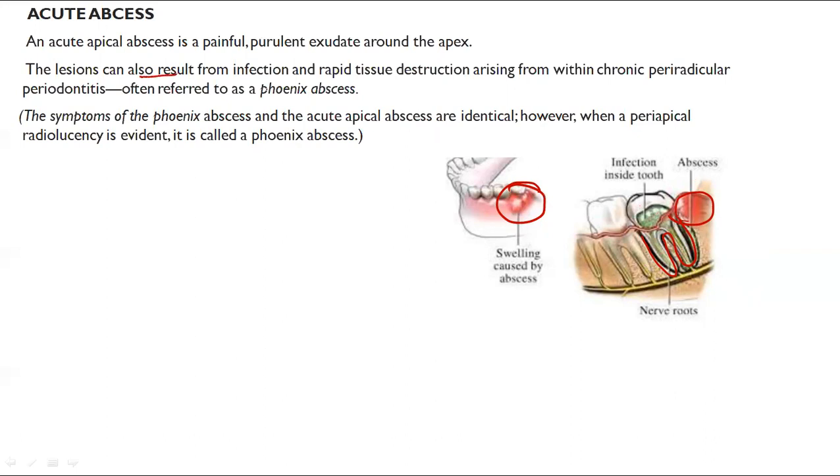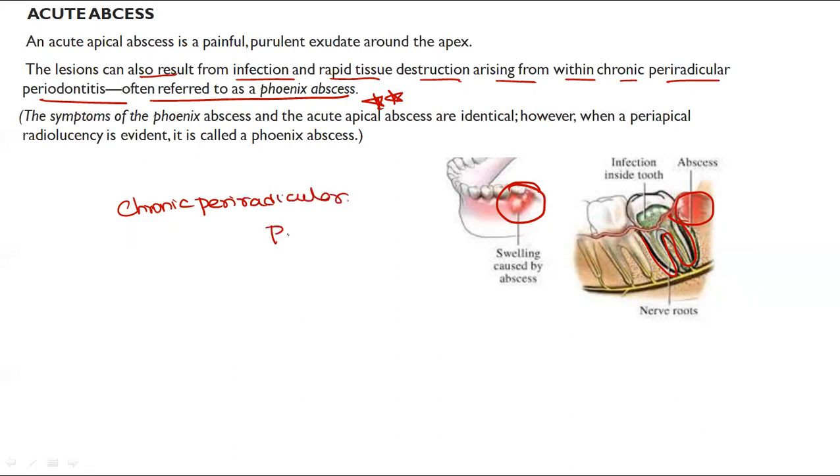The lesions can also result from the infection and rapid tissue destruction arising from within chronic periradicular periodontitis, often referred to as phoenix abscess. So, like I told you, chronic periradicular periodontitis. This condition is something where you do not see acute pain. It is already, the pulp is necrosed, it is not yet treated.